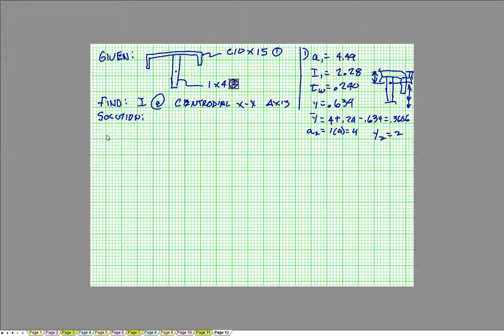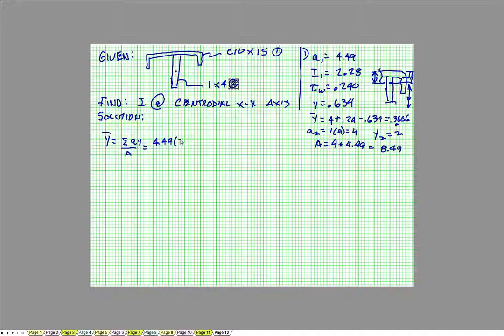Now finding y-bar for the composite shape, which again is a summation of area times y distance over the total area. Nope, I didn't do a total area over here. Area equals 4 plus 4.49, and that is 8.49. Area 1, 4.49 times the distance, that's 3.606.